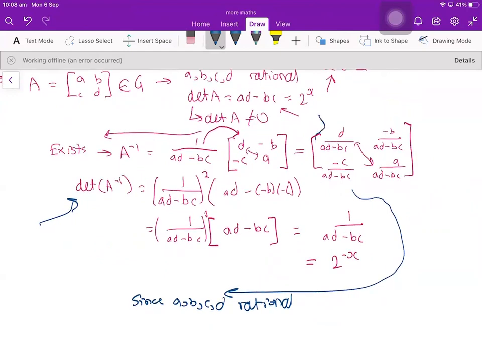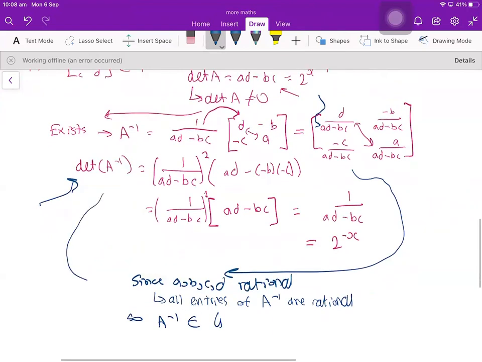And also, the denominator of these fractions is not equal to 0 because AD minus BC is equal to 2 to the power of x, which is not 0, which means all entries of the inverse matrix are rational. And this means the inverse matrix is in the set G by combining the two facts.